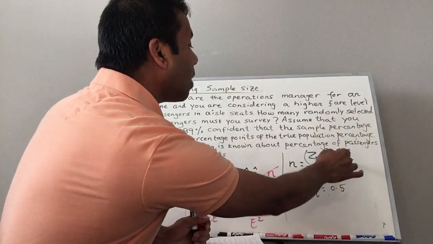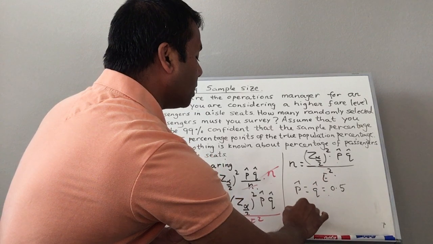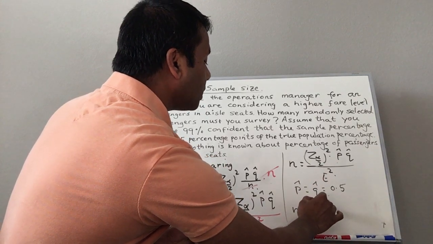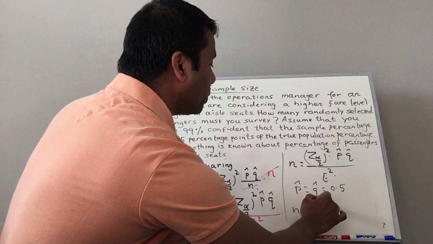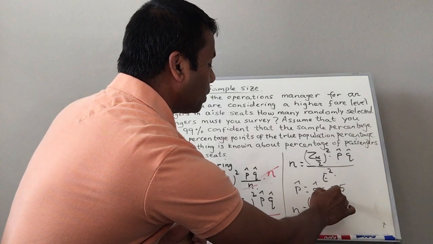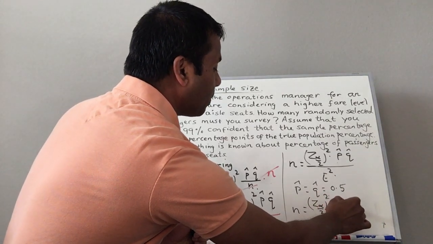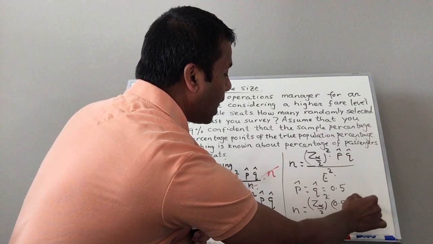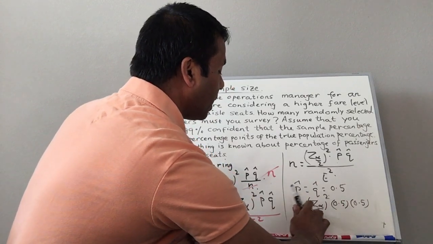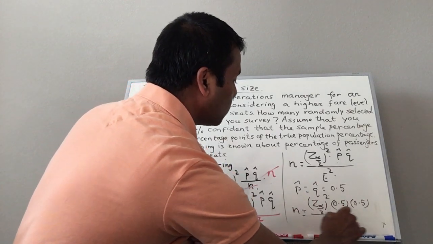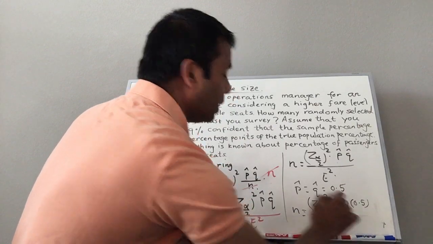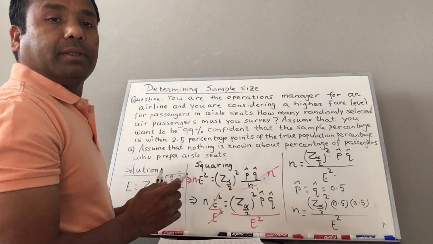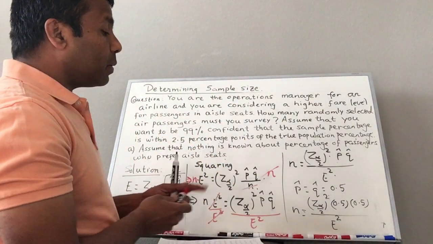If you plug in those values, it gives you n equals z alpha over 2 squared times 0.5 times 0.5, divided by the margin of error E squared.